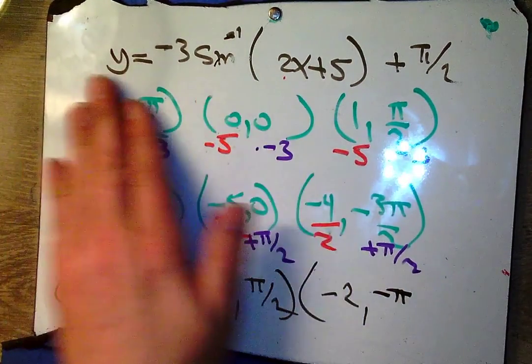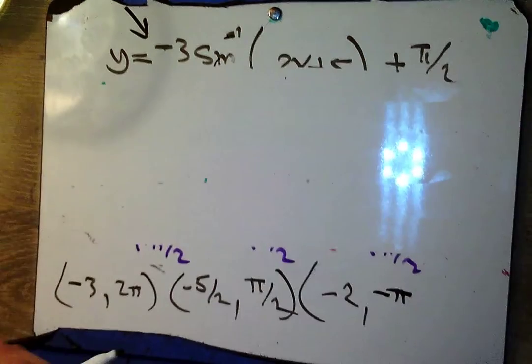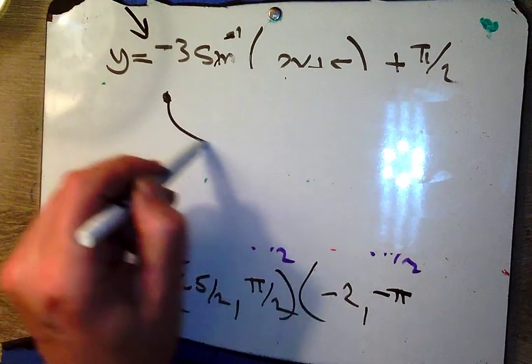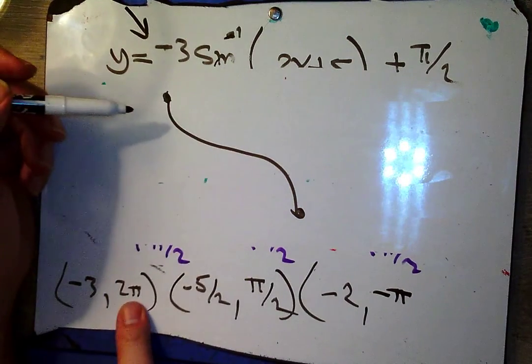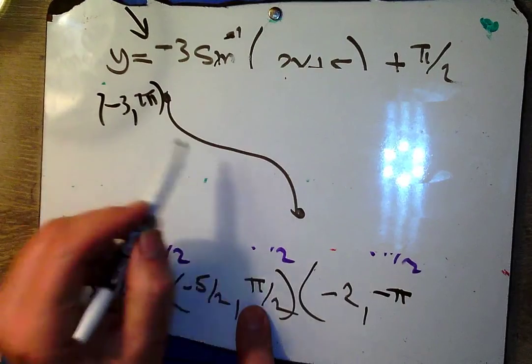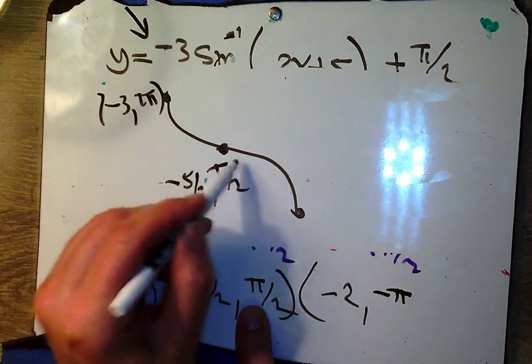All right, so think about the shape. This is inverse sine, so let's think about that shape. Ooh, and let's think about that. What did that do? Well, that flipped my graph. So the high y value, -3, 2 pi. Then our inflection point, -5 halves, pi over 2.